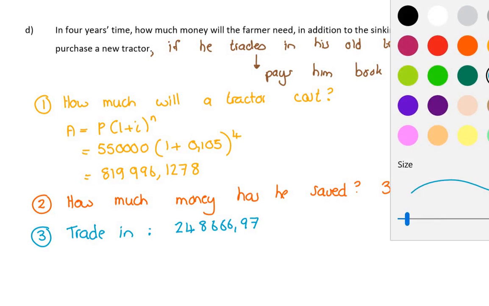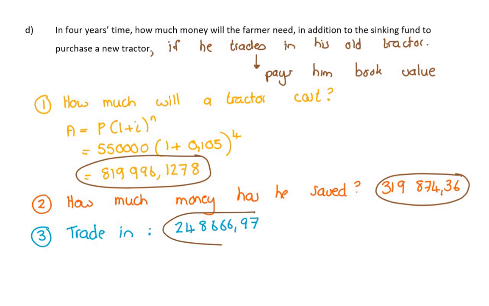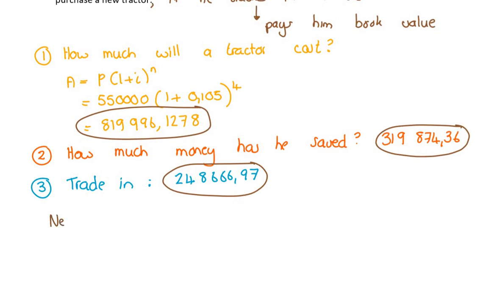So basically now I need to say to myself, he needs 819,996 rand, but he's saved 319,000 odd rand, and they're going to give him this book value. So how much money extra does he need? So that's my cost of my tractor, subtract his savings of his sinking fund, and then subtract the book value.